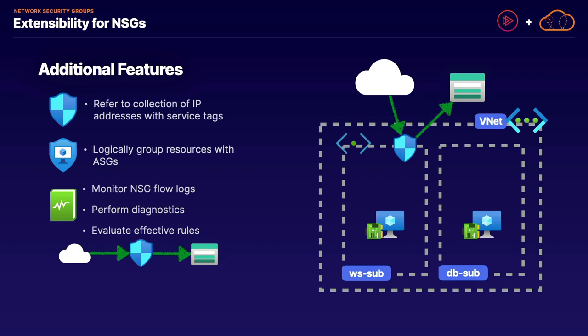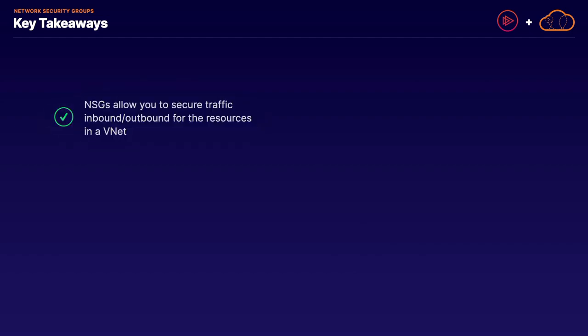Now that we've covered that, let's wrap up this lesson with the key takeaways for network security groups. So the really important things I want you to take away about network security groups from part 1 and part 2 of this lesson are that network security groups are used to secure traffic inbound and outbound for resources that exist inside of a single virtual network.